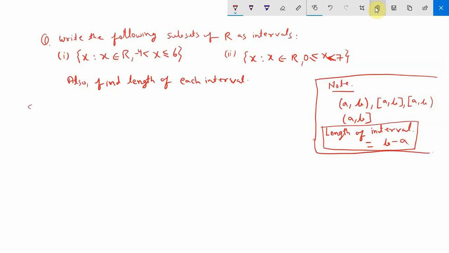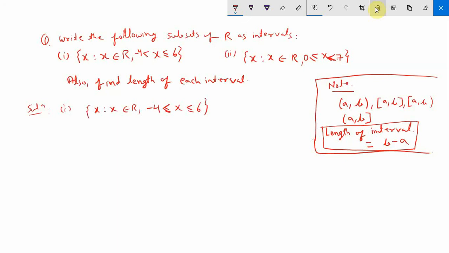So first one, how to solve it? First one is x is an element of R such that x is greater than minus 4 and less than or equal to 6.